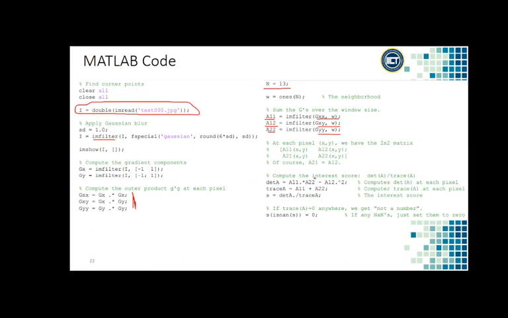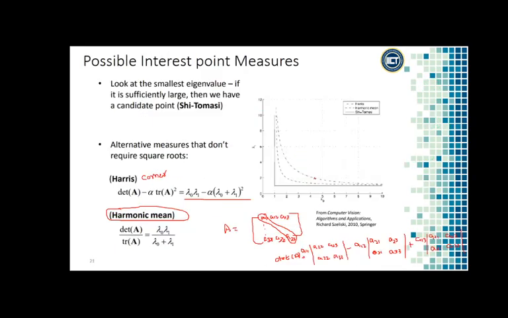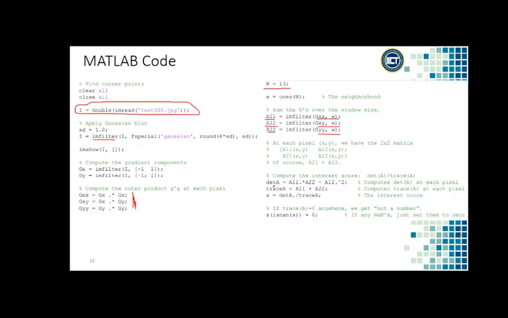And then we will compute the harmonic mean. So first we compute the determinant, and then we compute the trace, and then we apply the harmonic mean to get the interest score. Now while we get the interest score, there will be some computations where MATLAB will return NaN, not a number.